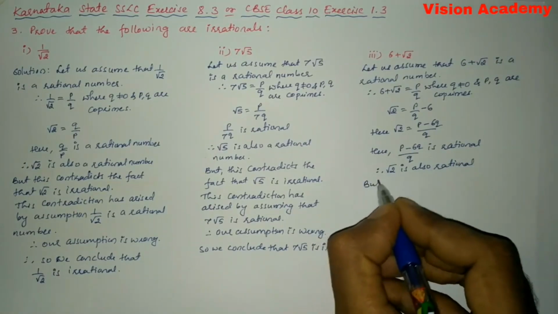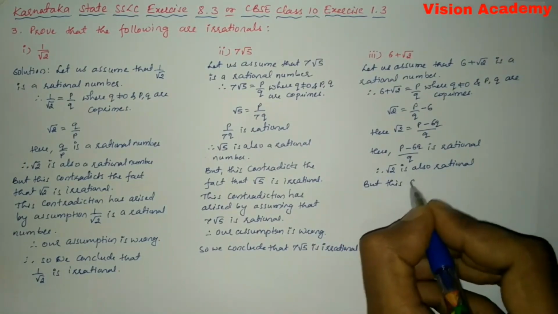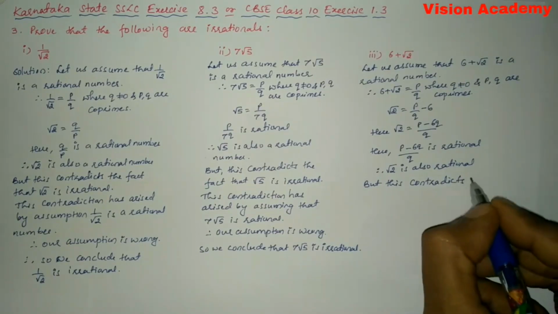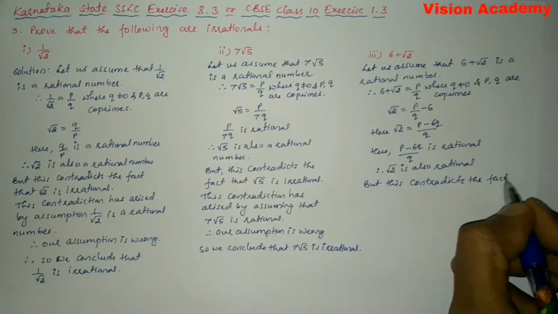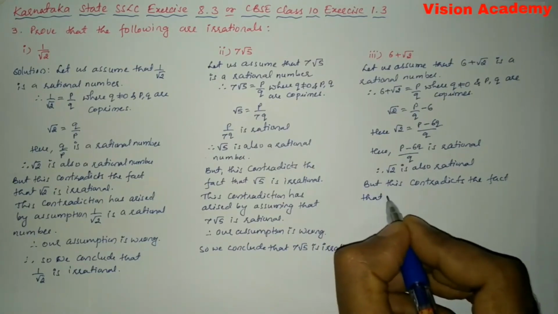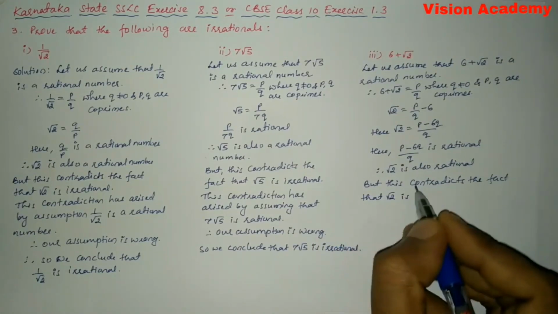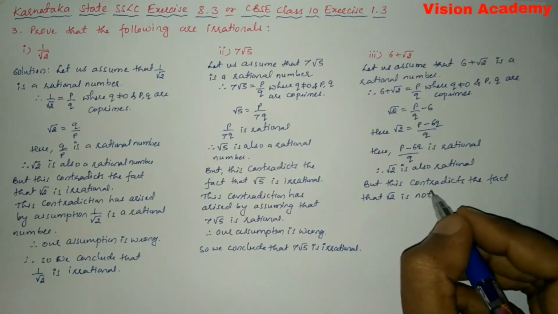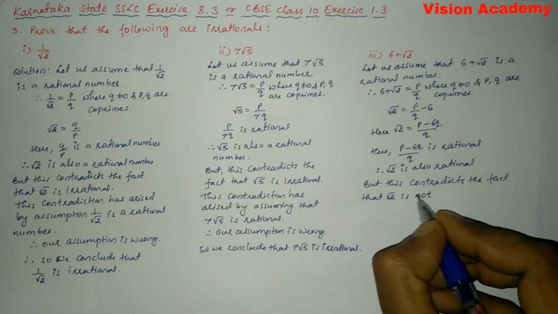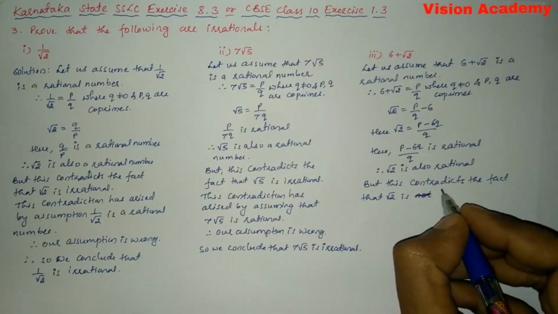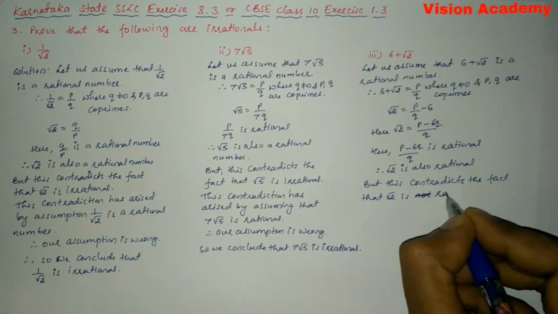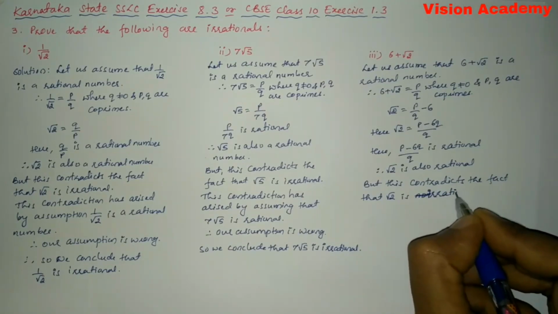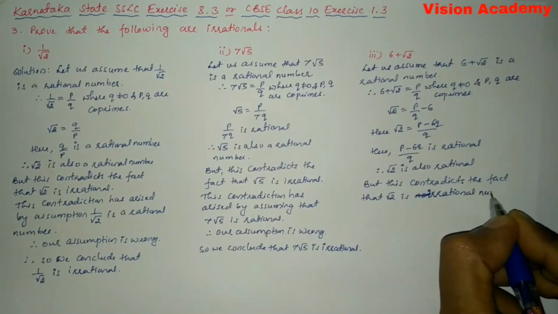But this contradicts the fact that square root of 2 is an irrational number.